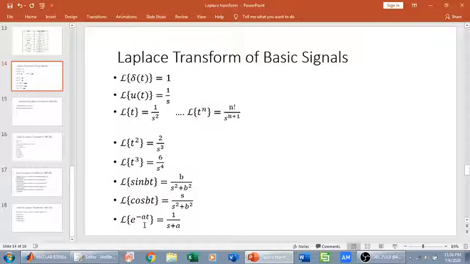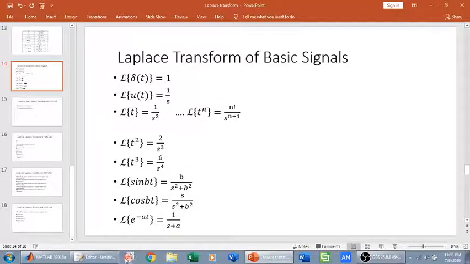Laplace transform of the exponential signal of the form e power minus at is 1 divided by s plus a. If there was plus at, if there was no minus here, we will have a minus here. So we have opposite signs from here and here. If we have minus here, we have plus in this Laplace transform. If we have plus here, we have minus in the denominator of this Laplace transform.